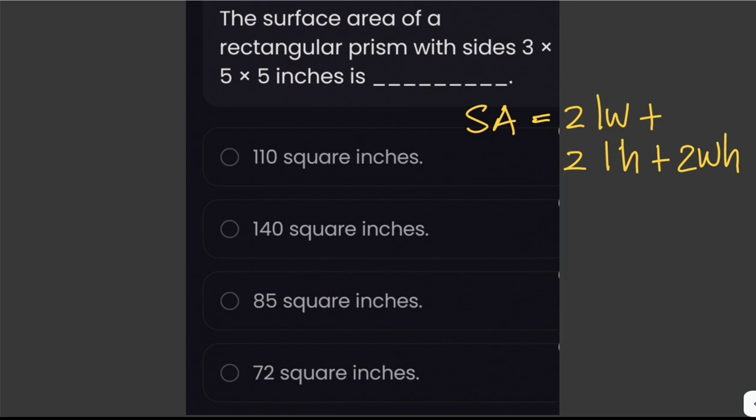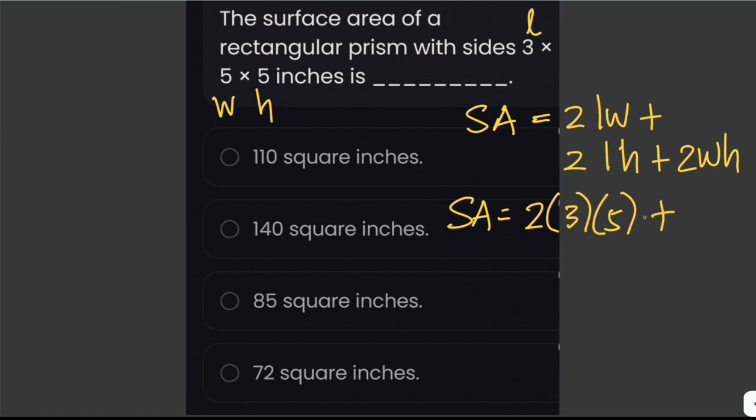So let's say our length here is this one, and this one is our width, and that one is our height. So we can just plug in all of the given values here. So 2 times the length 3 times the width 5 plus 2 times the length 3 times the height 5 plus 2 times the width 5 times the height 5.